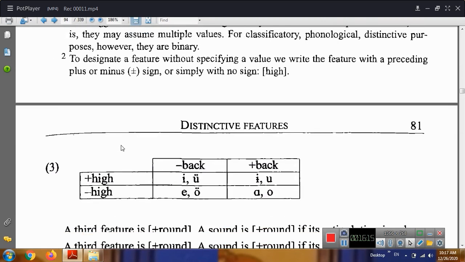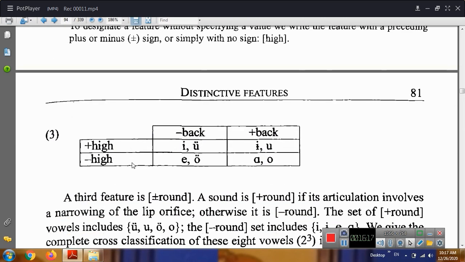Okay, please pay attention to this table. As we explained for you, we divide some sounds according to the features high and back, and we had 8 vowels in the Turkish language.